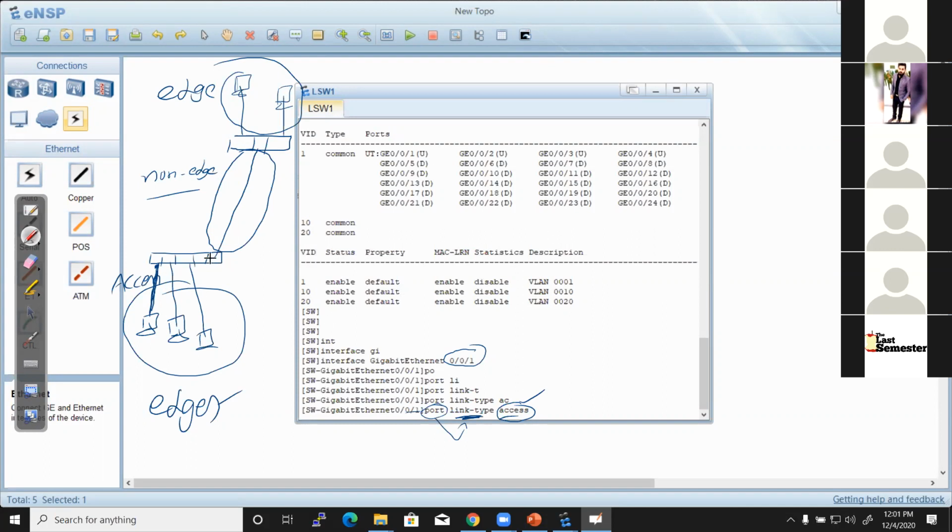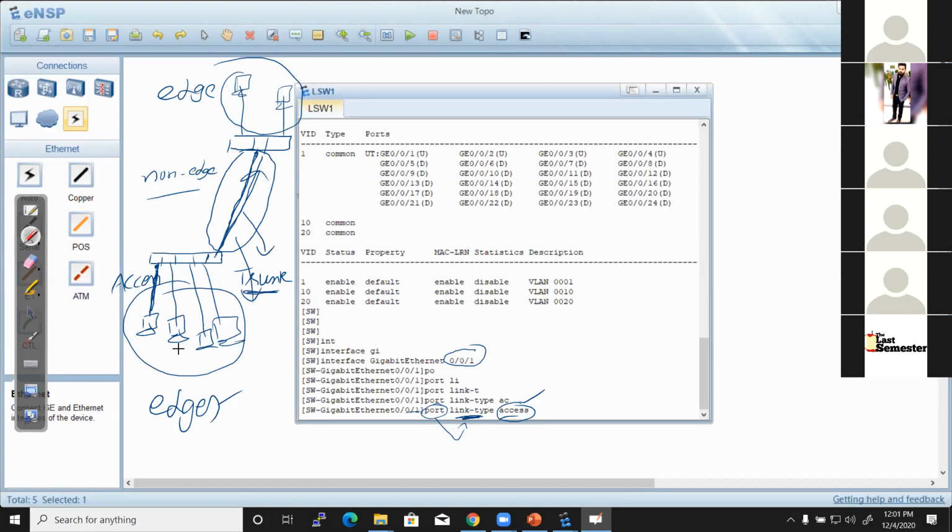And whenever you connect two devices, for example between switches, you always configure the link as a trunk link. Trunk means there is a single link carrying multiple VLANs, so all the traffic of multiple VLANs will go through this link. That's why this link should be configured as a trunk.